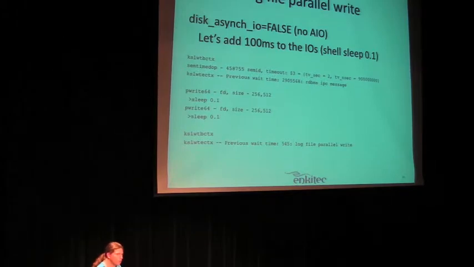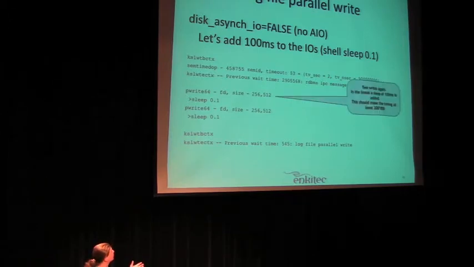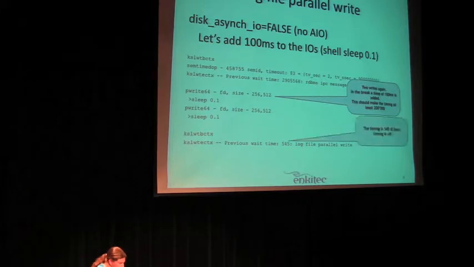So that means that the 2 pwrites which I'm doing should at least take 200 milliseconds. And I was just looking if Oracle, for some reason, was able to magically understand that there was wait time involved.